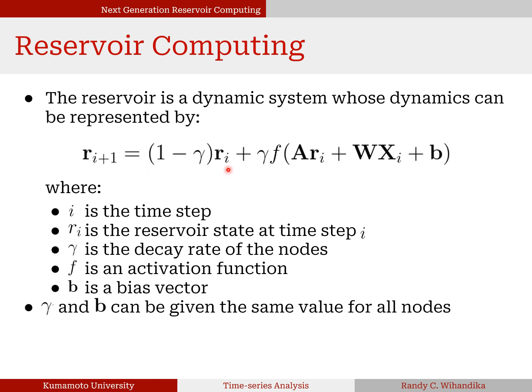In this first part, we maintain the reservoir state at the previous time step to some extent, which is specified by this gamma, or the decay rate of the nodes. Then we combine it with the second part, which we calculate with the decay rate multiplied by f, the activation function.